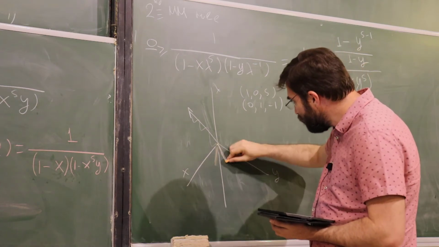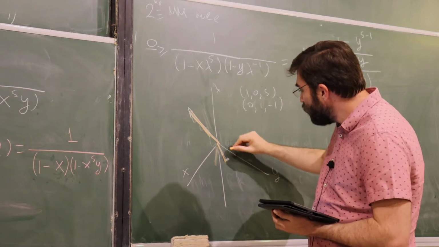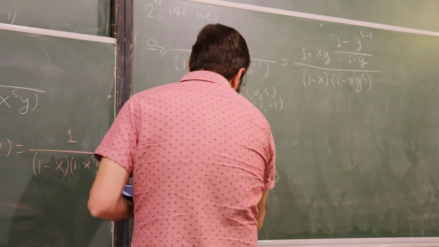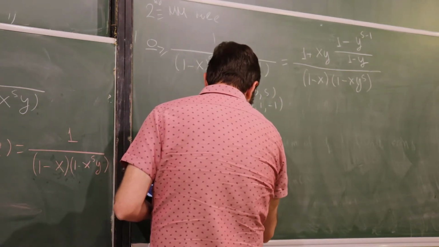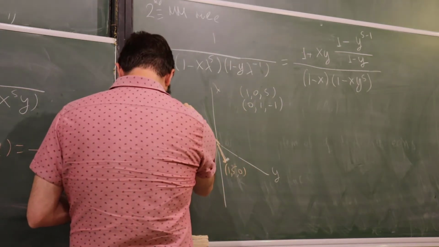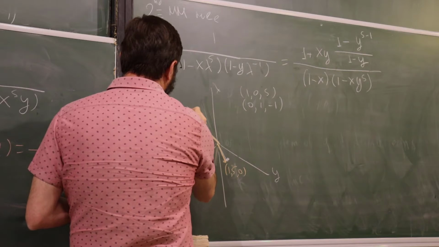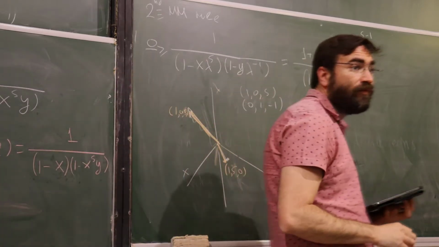Yeah, so this time this will look more like this. And now our new cone is this one, which is here. This would be the (1, 0, s) and (1, 0, 3), this (1, 0, s). Okay?